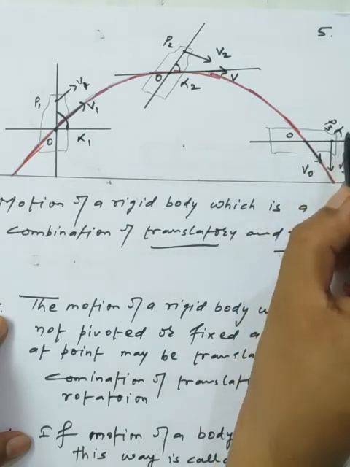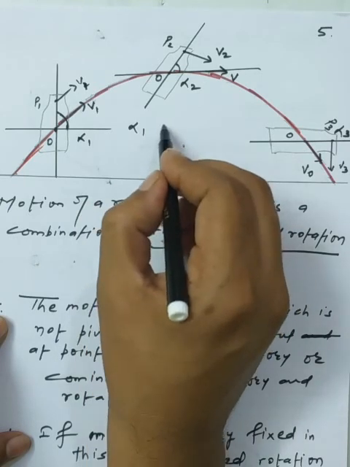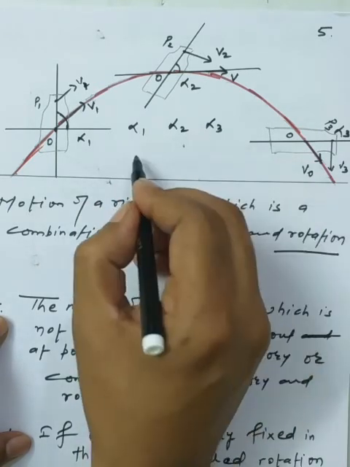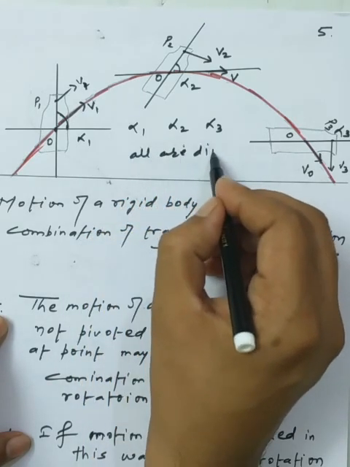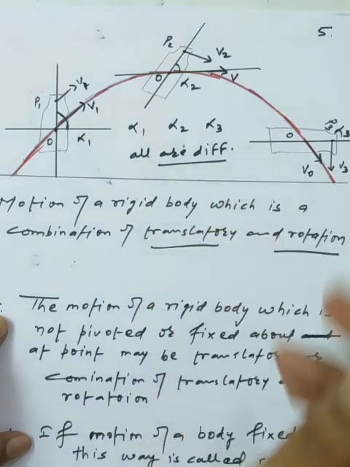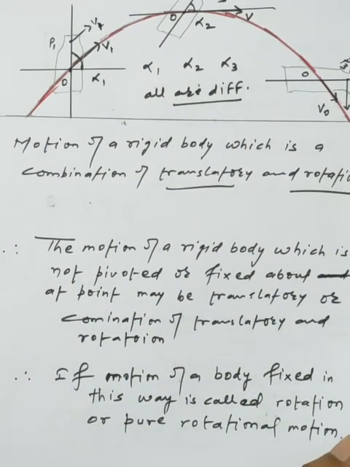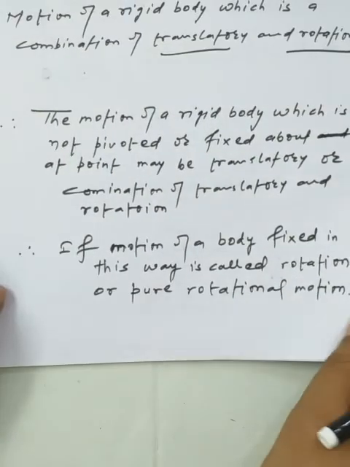All the time alpha 1, alpha 2 and alpha 3 are all different. So this is the basic difference we have between translatory and rotational motion. Here we are assuming the basic concept for the discussion.